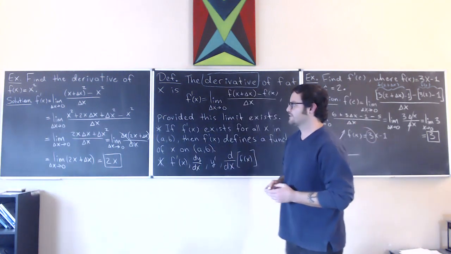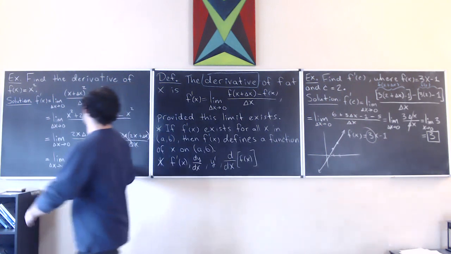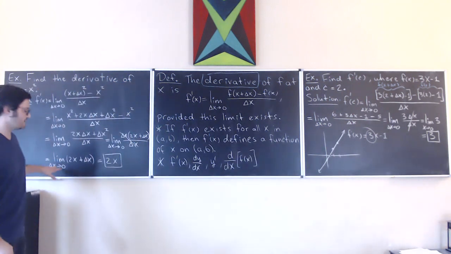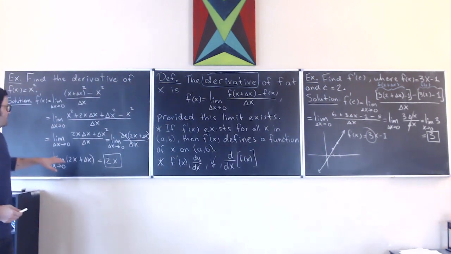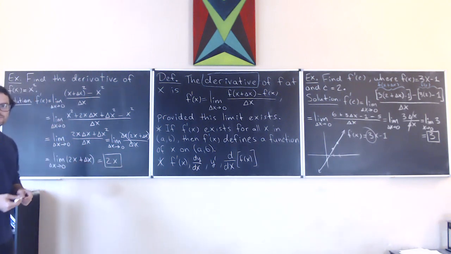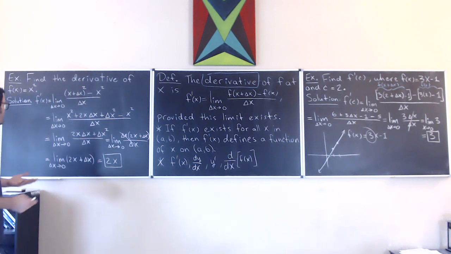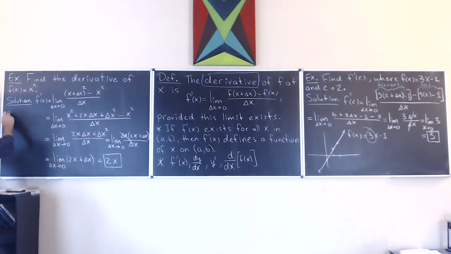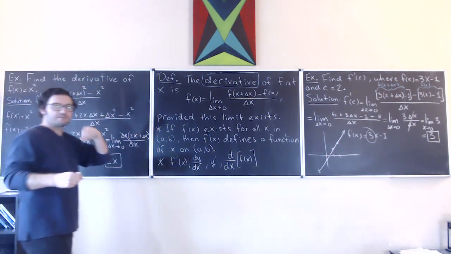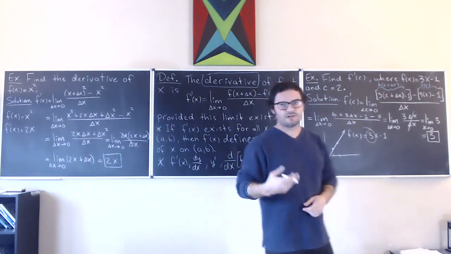Okay. So this now is a function. This limit always exists, right? So this function f prime of x equals 2x is defined on all the real numbers. So we have our original function, f of x equals x squared, and we have our derivative function equals that.